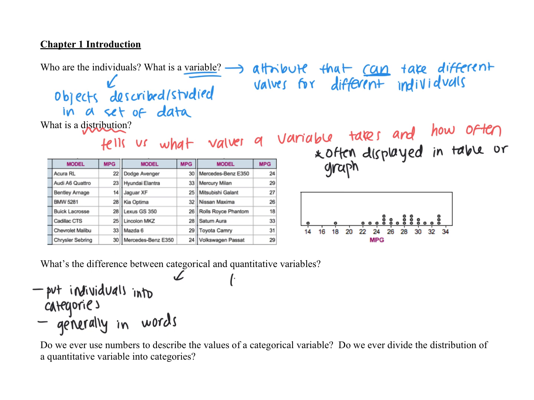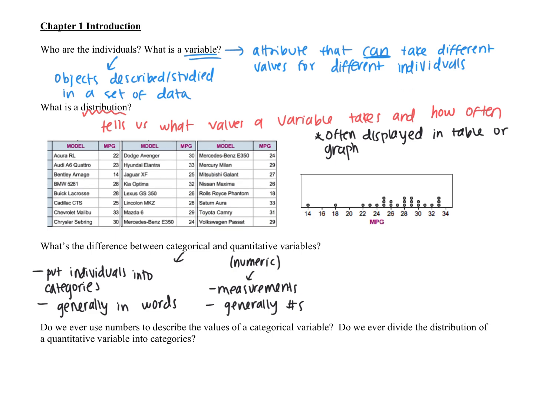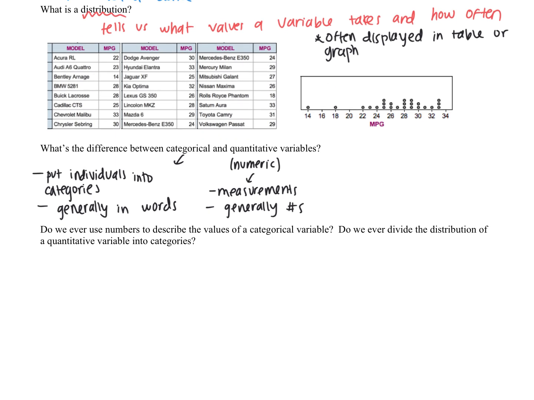Quantitative variables, often referred to as numeric variables. These are measurements. And these are generally numbers. So if I ask you how long it took you to get to school this morning, that's a quantitative variable.